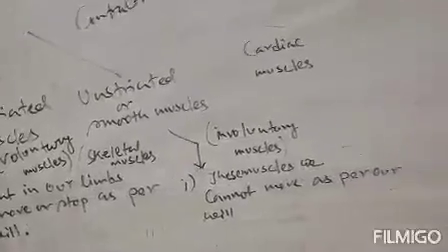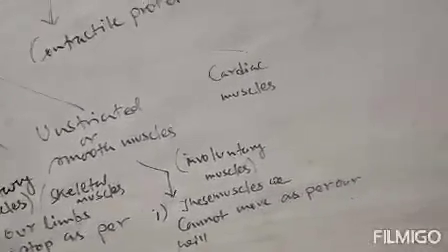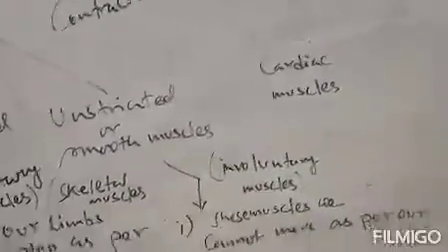These are unstriated or smooth muscles, because their movement cannot be controlled by us. Clear? Next, the third one is cardiac muscles.